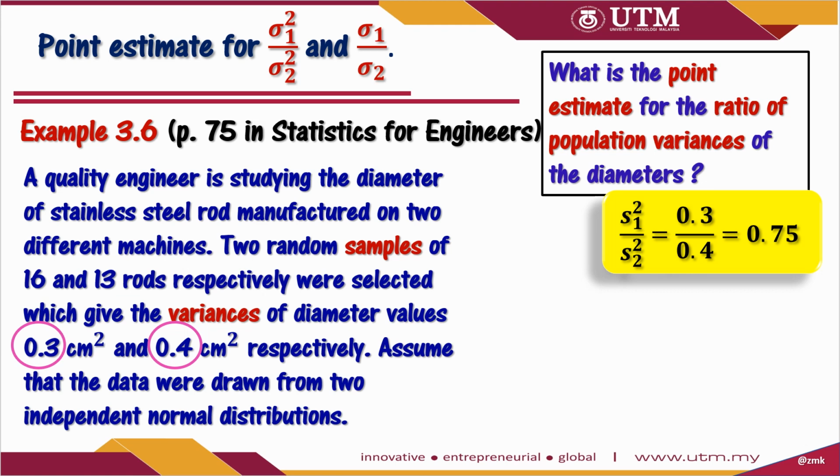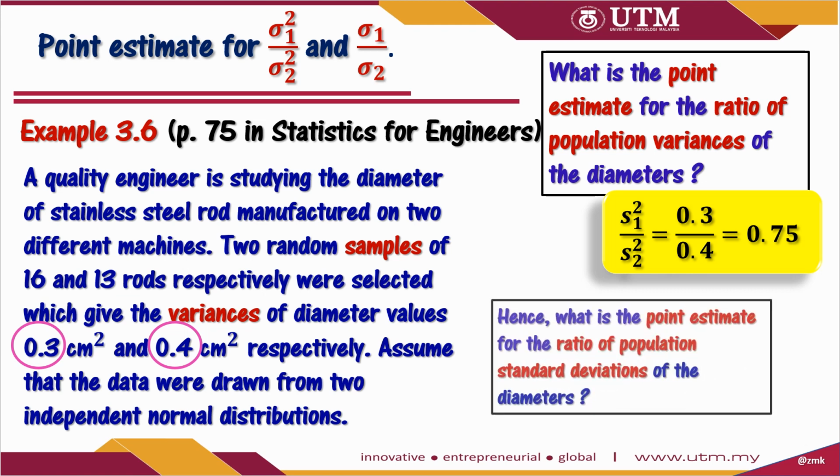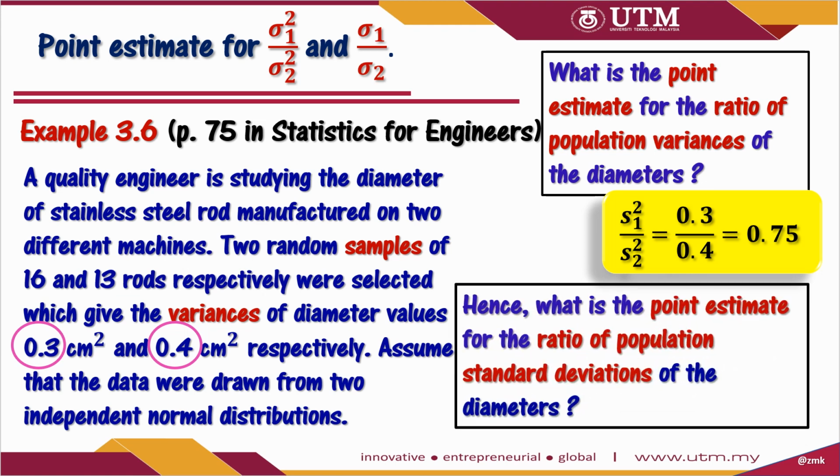Having solved the first question, next, what is the point estimate for the ratio of population standard deviations of the diameters? What can we do here? Alright, as you know, the standard deviation is just the square root of the variance.